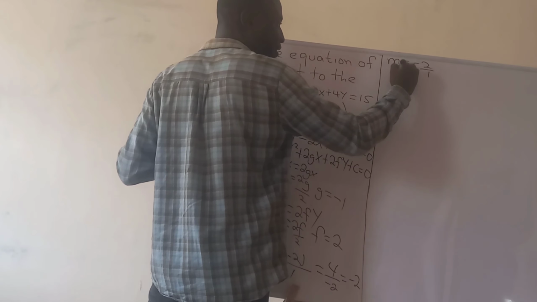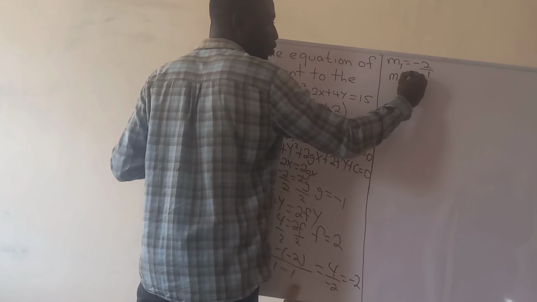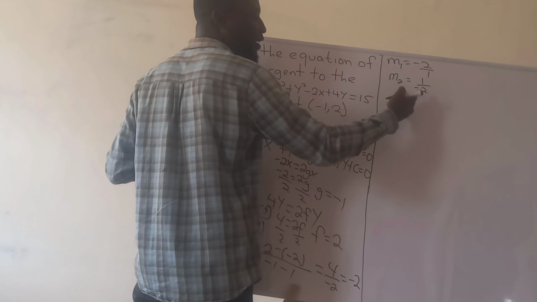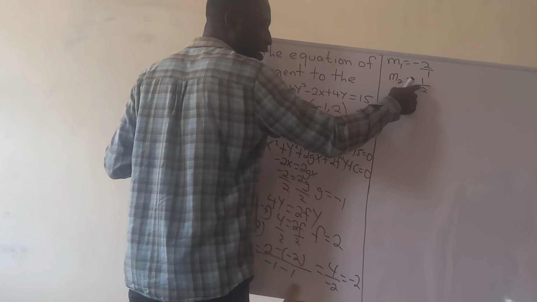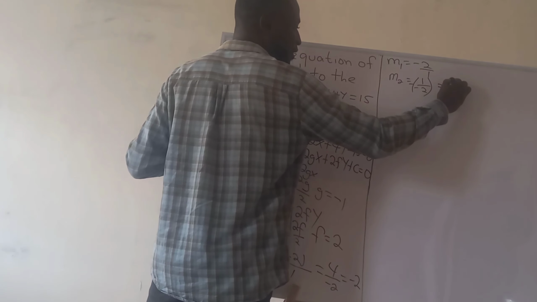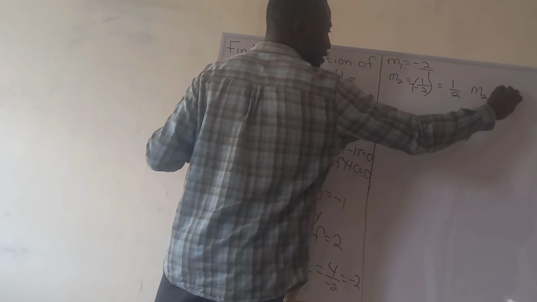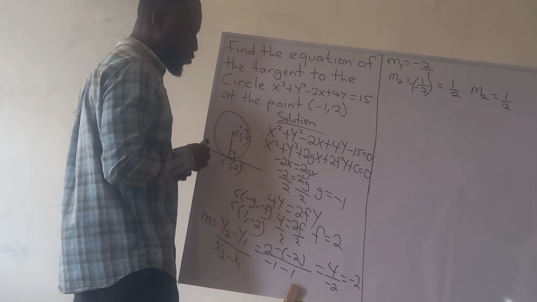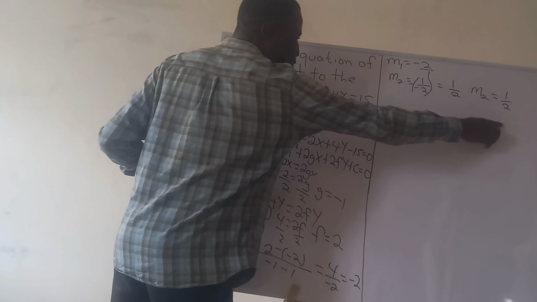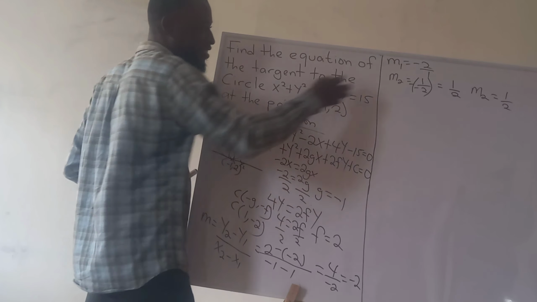Let me use this one as the first gradient, M1. When you reciprocate it, M2 will be 1/-2. And since we are looking for the negative reciprocal, we negate it again, and it becomes +1/2. So our M2 is +1/2, meaning the gradient of the tangent is 1/2.